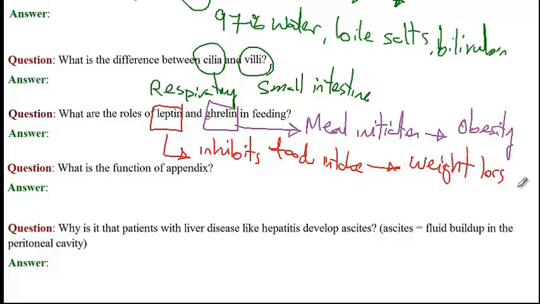And then in obese patients, you may notice that they are either leptin resistant or they have too much ghrelin secretion.